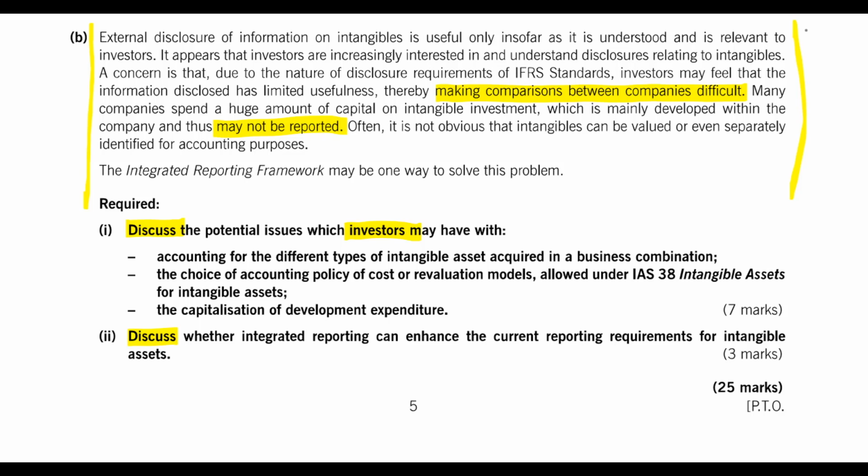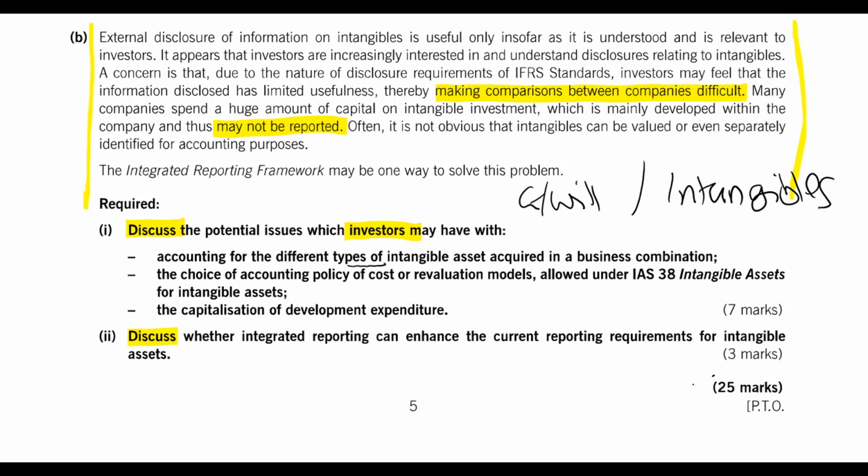Now we've got 7 marks for part 1, and it's broken down into 3 parts already. And the first part is asking us to discuss the potential problems in accounting for different types of intangible assets under a business combination. There are 2 types. You've got the goodwill, and you've got the other intangibles, if you can separately identify them.